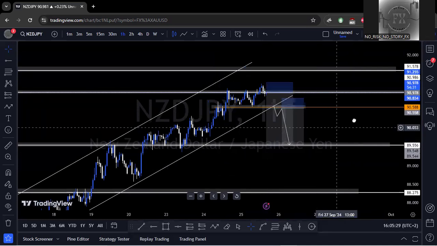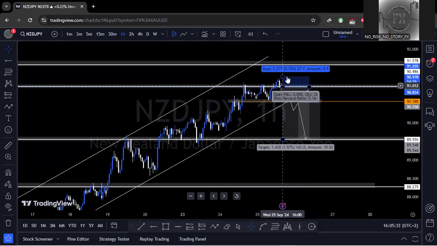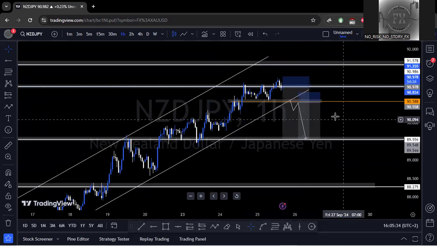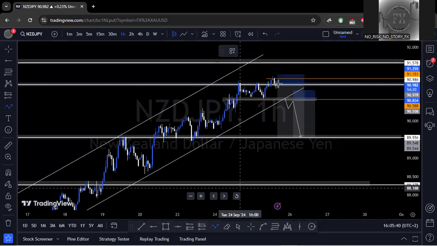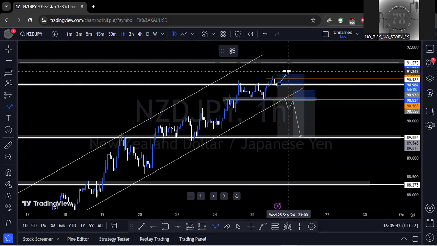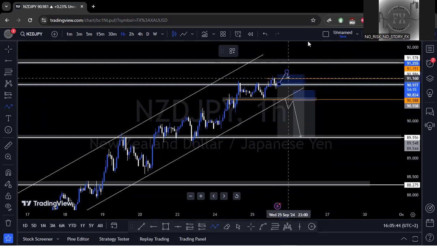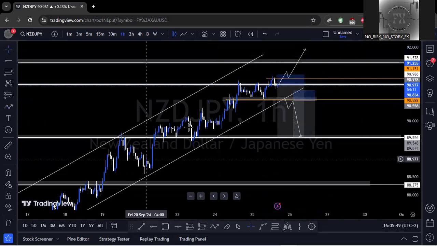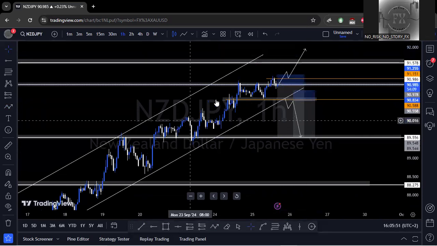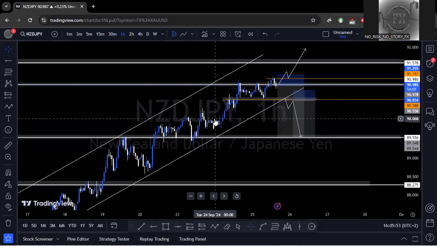But the market has a high probability of coming back here, because the market can still push above here, break this area to then retest, to then continue pushing to the upside, because we are currently in a bullish trend and buyers are obviously going to be stronger than the sellers here.